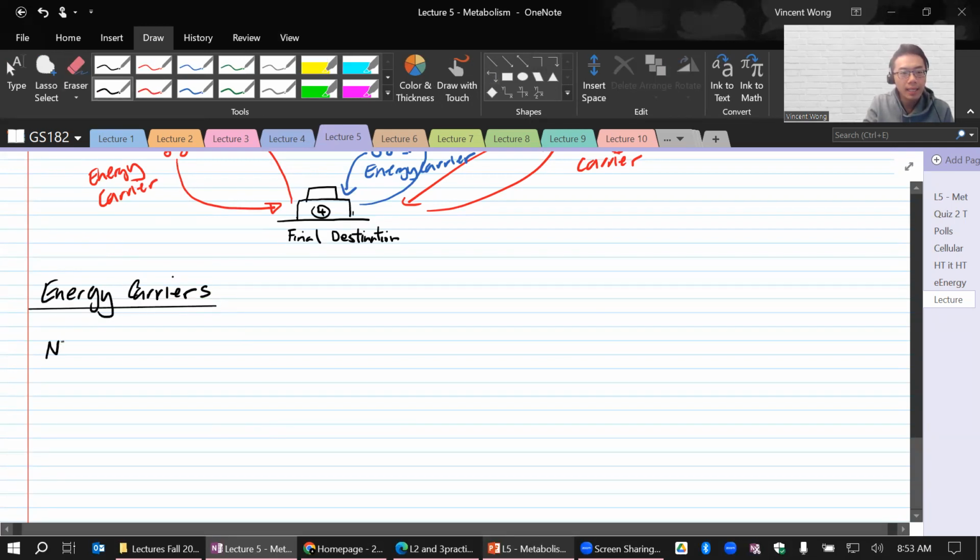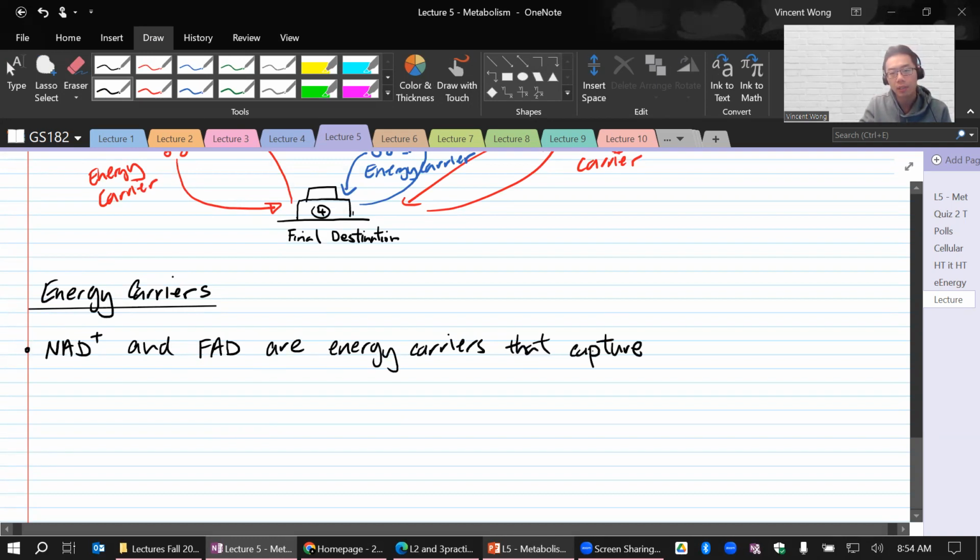So NAD plus and FAD are energy carriers that capture electrons from stage 1, 2, and 3.